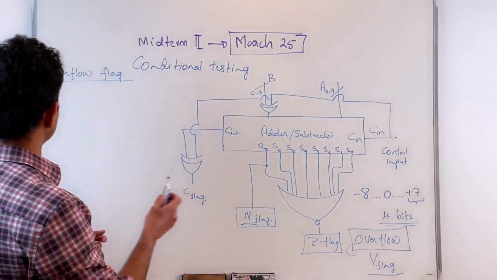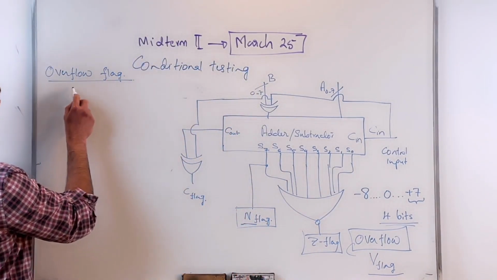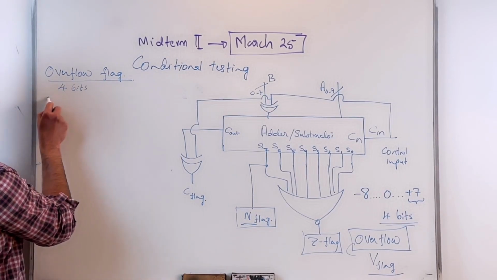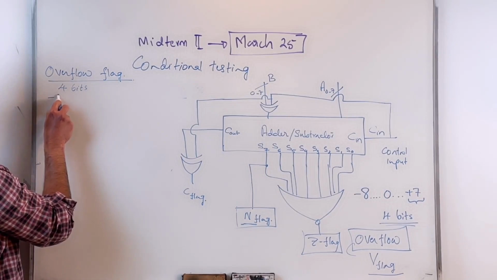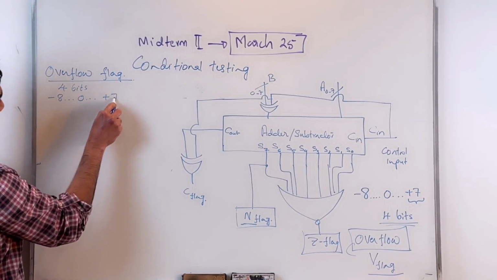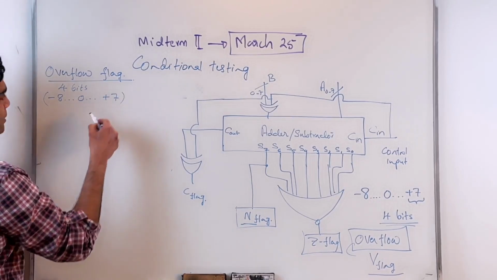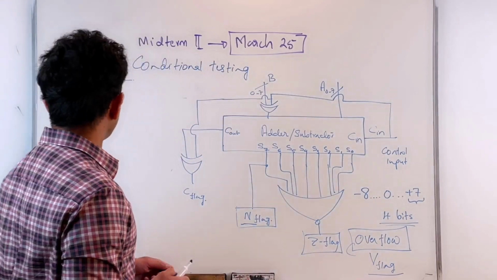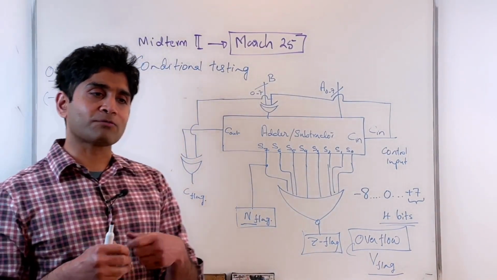Let's say I'm working with 4 bits, and we have already seen that the range of numbers I can represent is -8 to 0 to +7, right? So that's the range of numbers I can represent in 4 bits. Okay. Now, when is the possibility of an overflow?